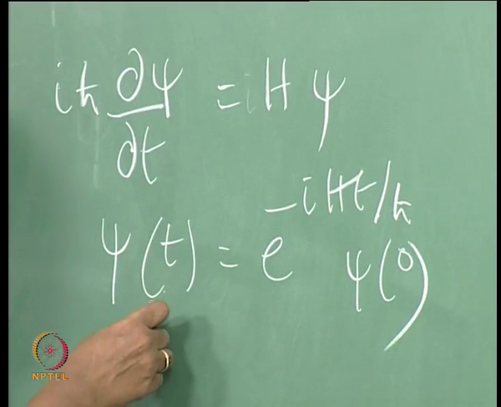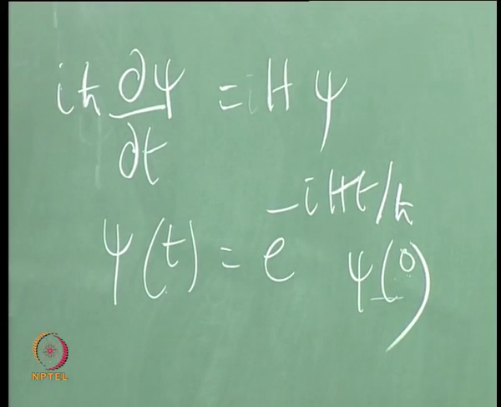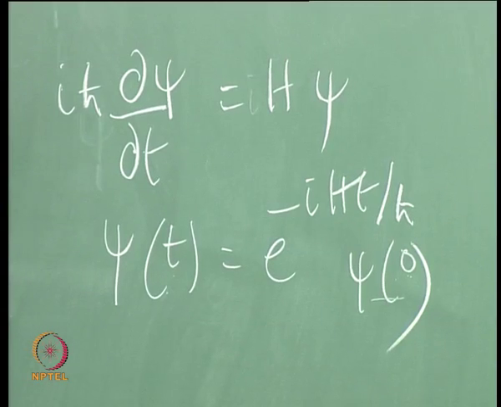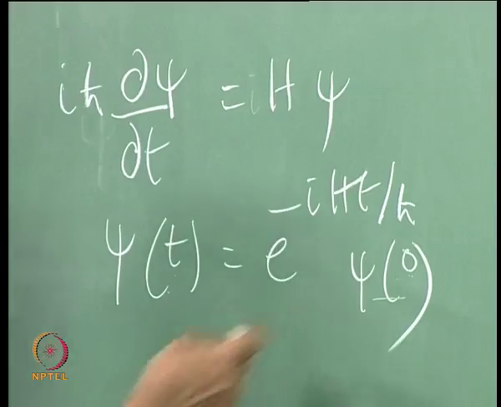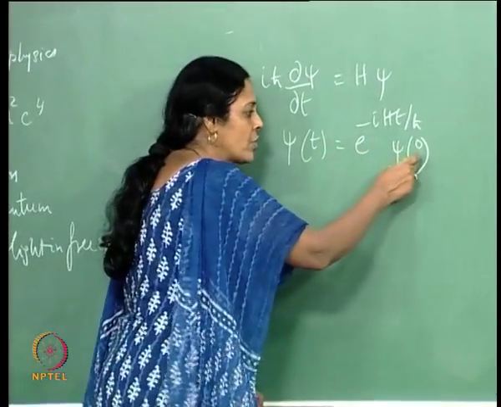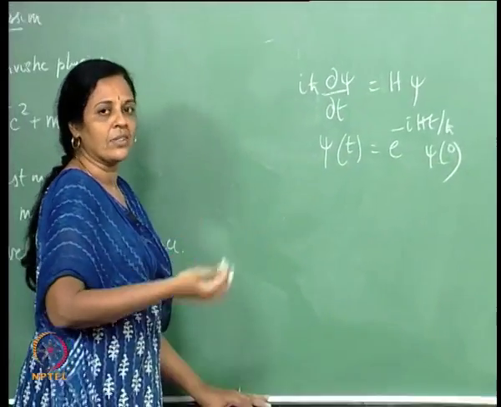Now one thing is clear, that if I give you psi at the initial time, whatever may be the initial reference time, I can find psi at any other later time without knowing what psi was at any time between 0 and t. All I need to know is the initial value psi of 0, and I can give you psi at any later time.